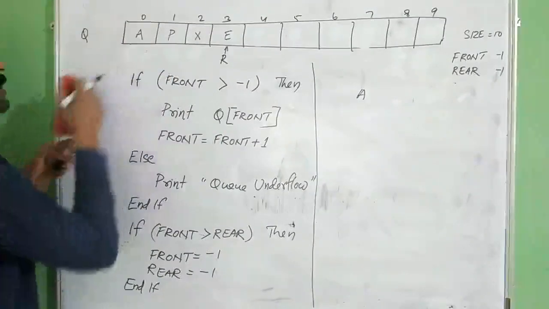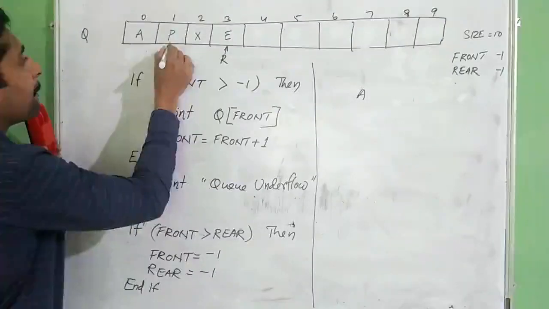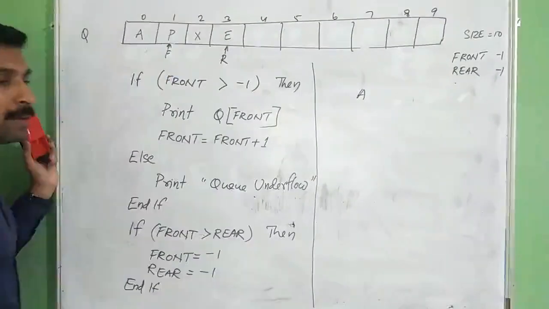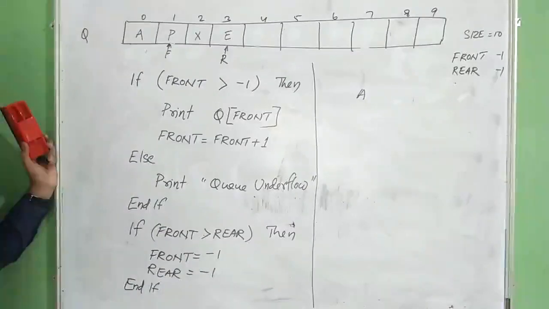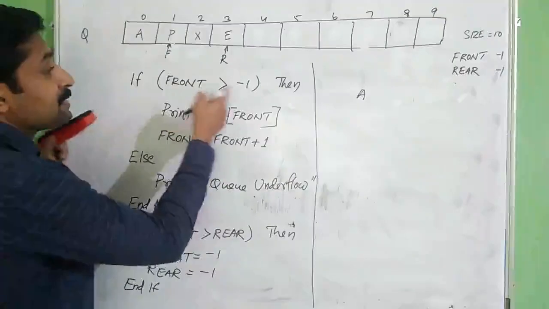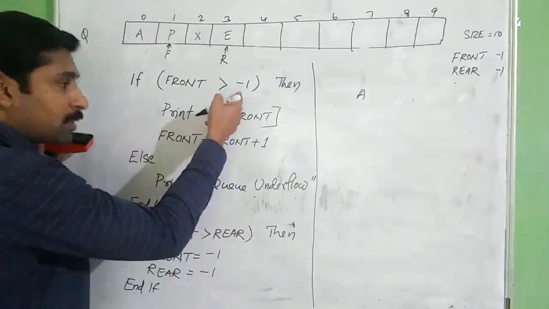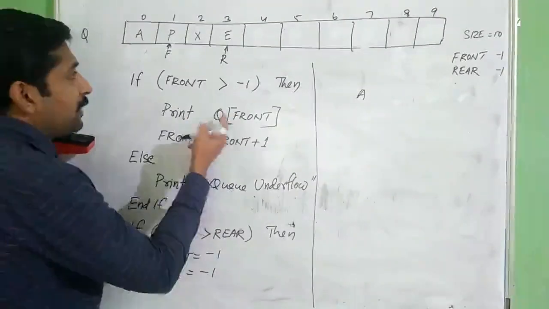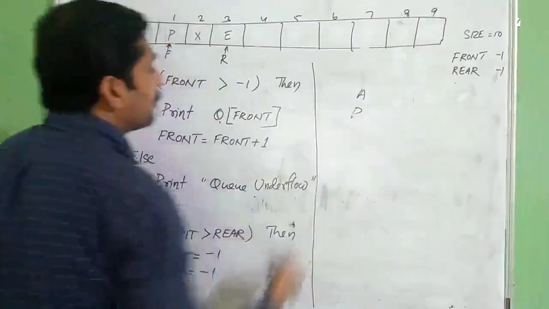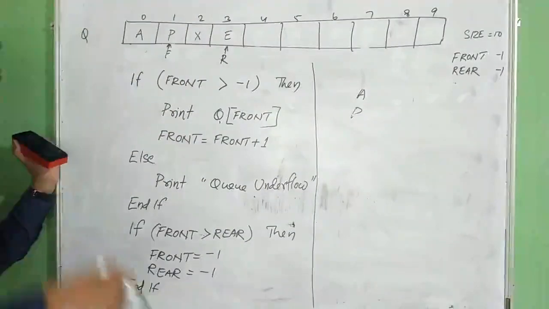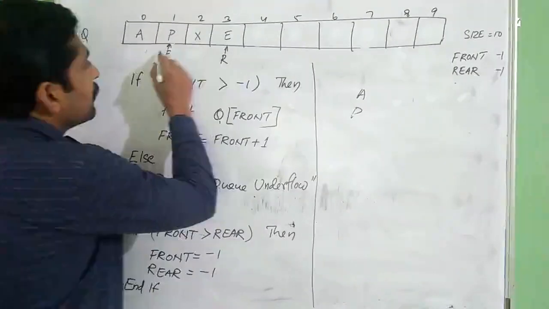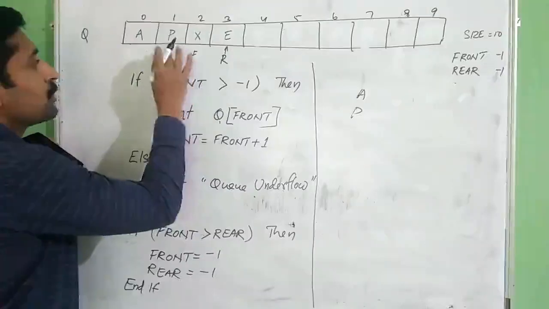What happens? This front becomes here. Now this is the front. The next item to be deleted is here. Again, you are calling a delete operation. What happens? Now the front is greater than -1. Again, front is 1 now. So P will be printed. P will be deleted. Now again, this front moves to here.